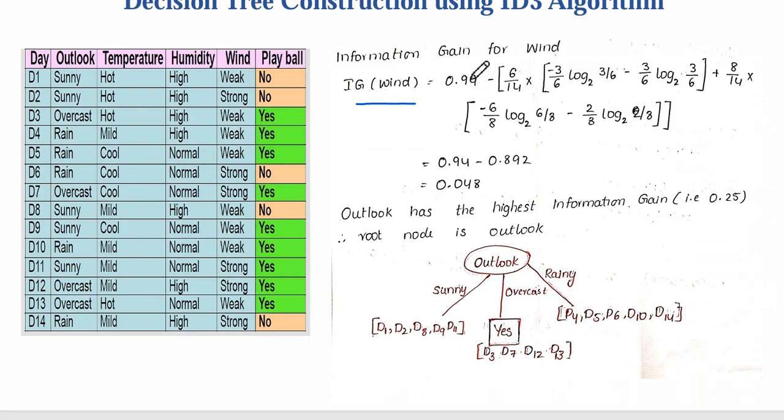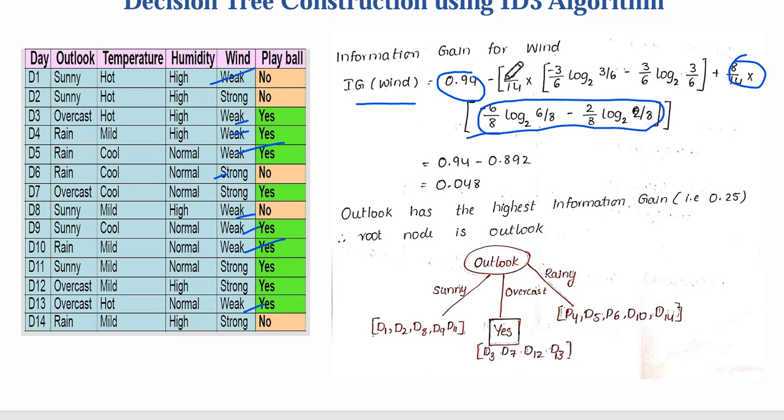The information gain of wind equals the entropy of the entire data set minus... Wind has two values, weak and strong. Weak records are 1, 2, 3, 4, 5, 6, 7, 8. That means 8 by 14 into the entropy of wind equal to weak, calculated from this formula.